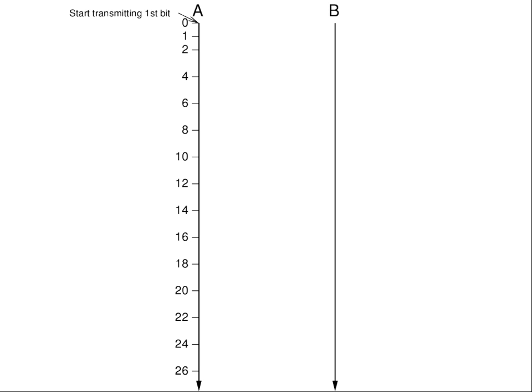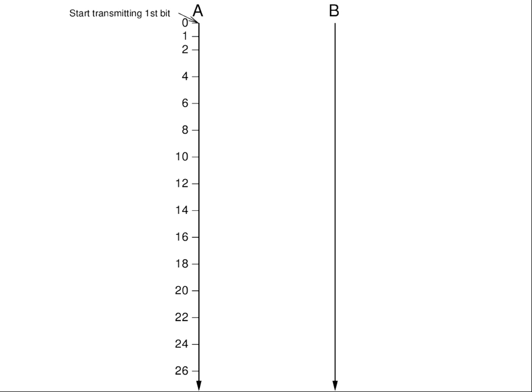It is distance over speed. We'll try and draw the propagation delay as well. I'll go back to the start. I'll remove the transmission time, come back to our first bit again. I start transmitting the first bit at time 0.